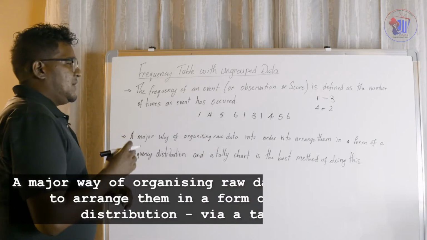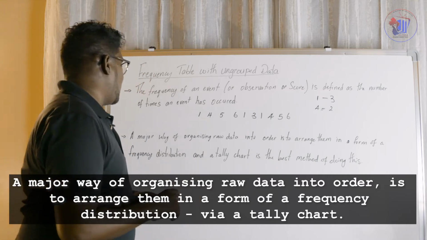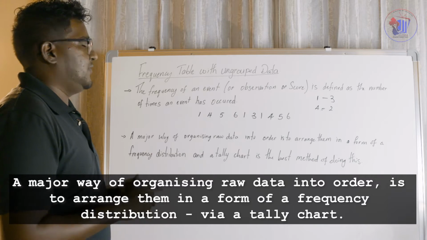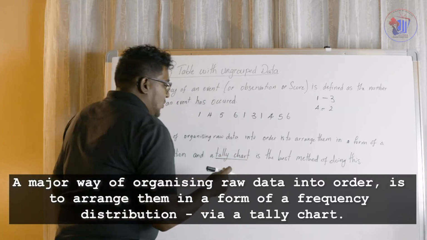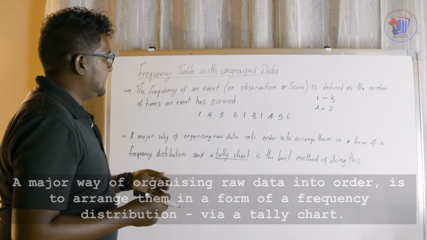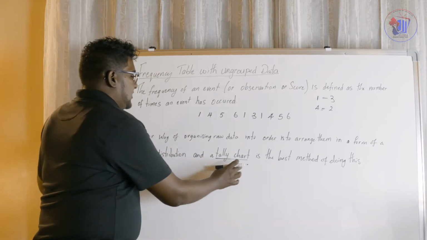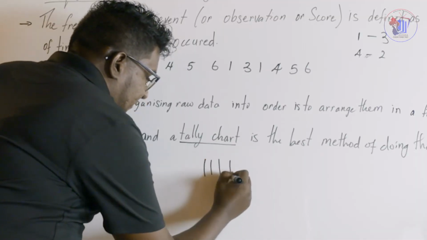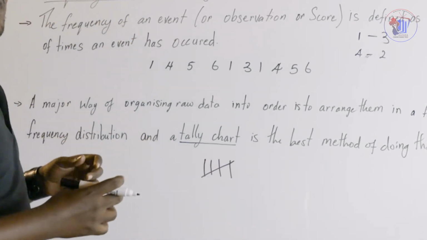Now, a major way of organizing raw data into order is to arrange them in the form of a frequency distribution, and a tally chart is the best method of doing this. Everybody should know what a tally chart is, or how we record data in tally form. But in case you don't know, for tally we have 1, 2, 3, 4 strokes, and then 1 coming across, tying it in a bundle of 5.